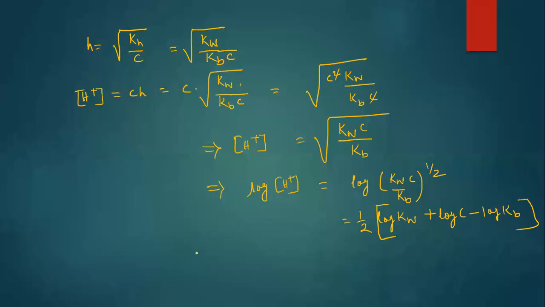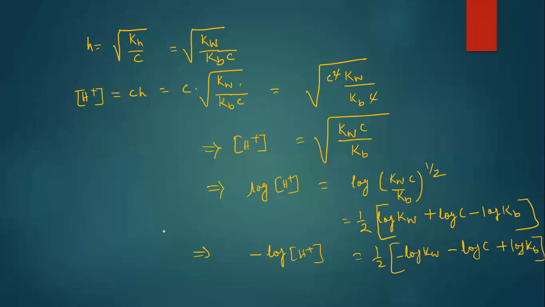So after this, I have to calculate pH. pH means I have to get some negative sign over here. So minus log H plus is equal to half, minus log KW, minus log C, plus log KB. This minus log H plus is pH.